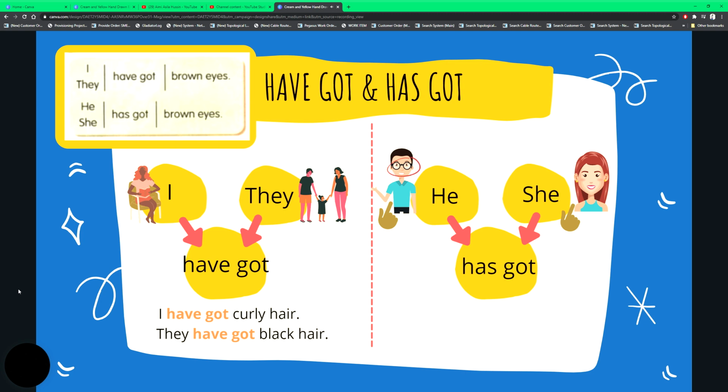Look at his eyes. What can you say about his eyes? He has got black eyes. What about the girl? Can you look at her hair? She has got, yes, she has got straight hair. Do you understand? Are you clear about this?